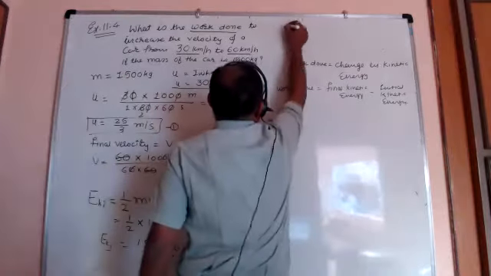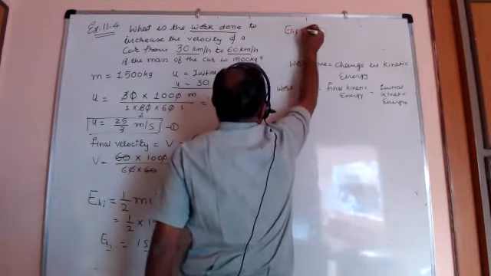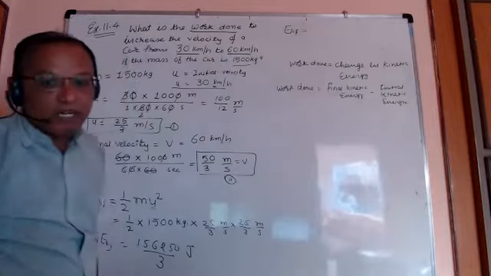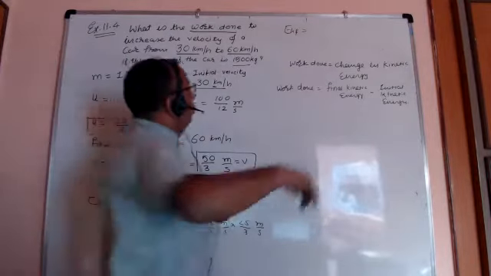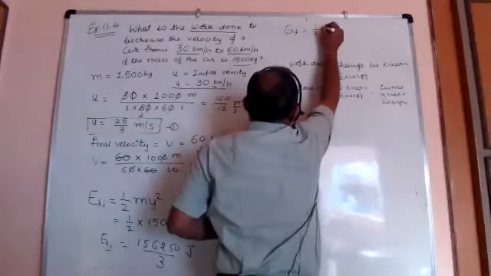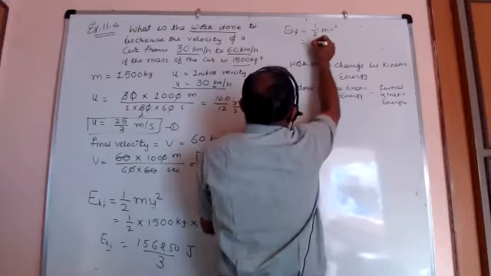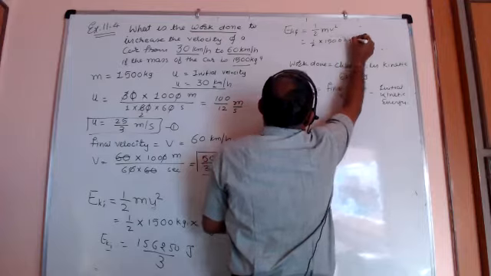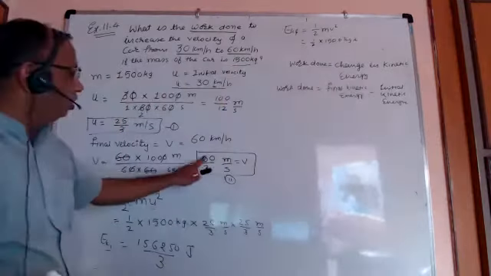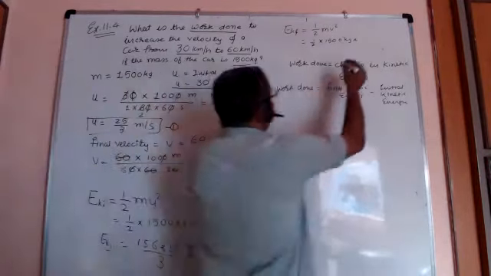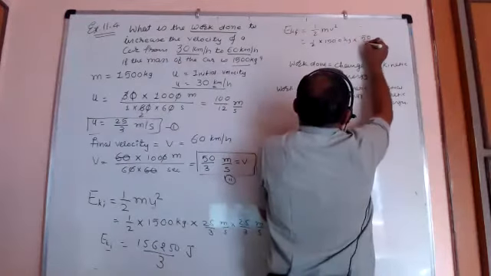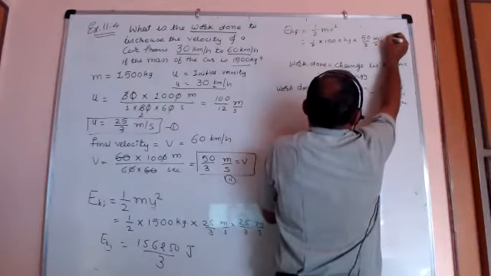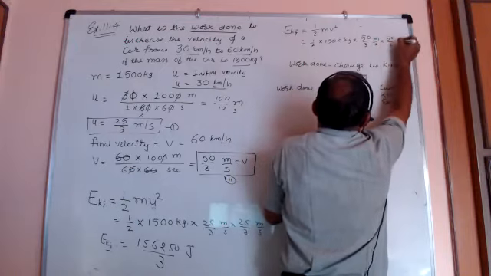Finally, the second one, EKF, that is the final kinetic energy. For final kinetic energy, we put the formula 1/2 m v square. 1/2 m is once again 1500 kg, and the value of v, velocity, is 50 by 3, taken two times, 50 by 3 meter per second into 50 by 3 meter per second.